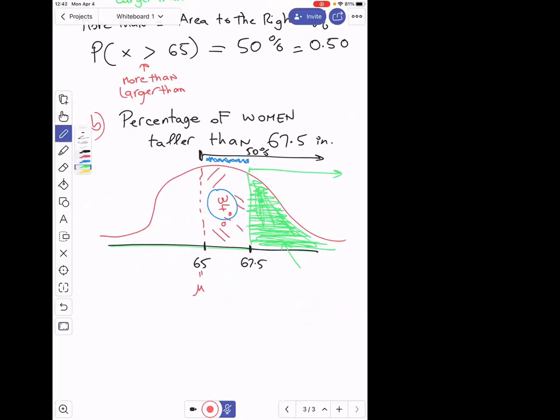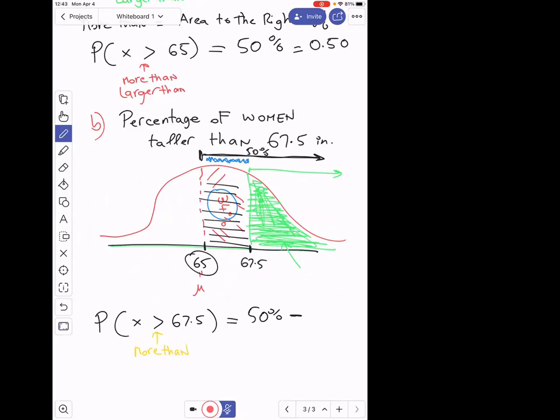So the percentage of women taller than 67.5, this notation means more than or larger than 67.5. That will be the 50%, the percentage to the right of the mean, and I subtract the area between 65 and 67.5, which is 34%.